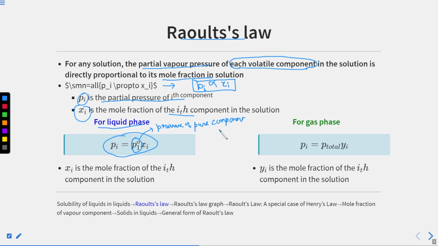It means we have the same vapor that was P1, but in pure form, meaning only one component is present. In that case, we will call it P naught 1.